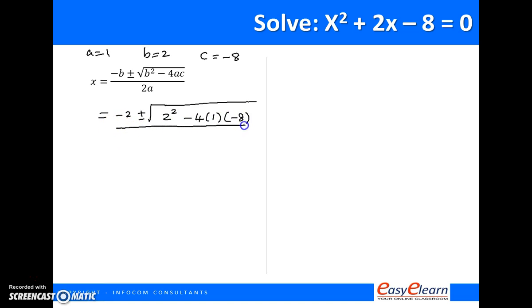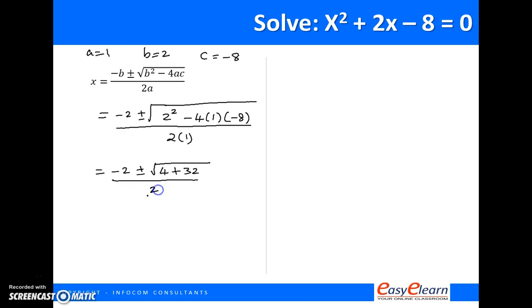Whole thing divided by 2a, which is 2 times 1. So we have here minus 2 plus minus square root. 2 squared is 4. Minus and minus become plus. 4 times 1 is 4, and then 4 times 8 is 32.